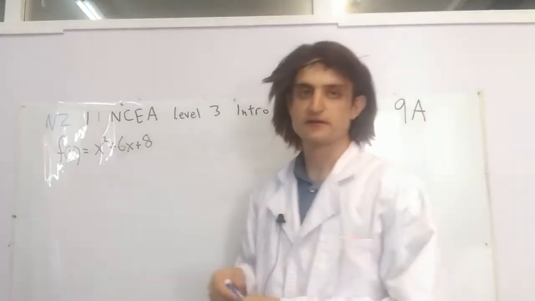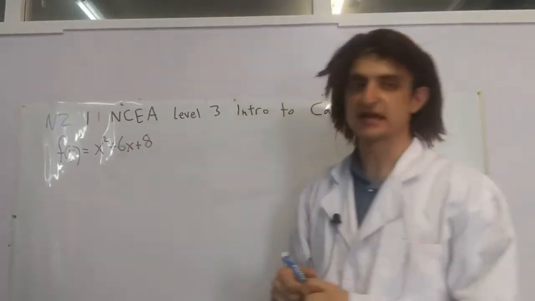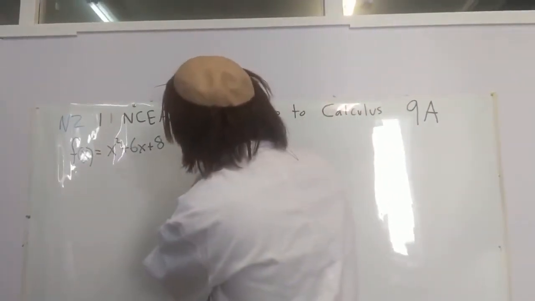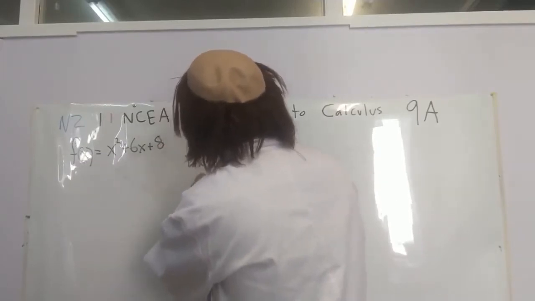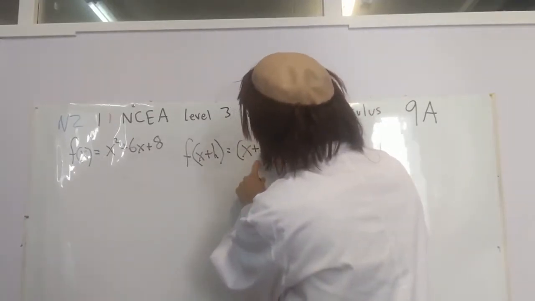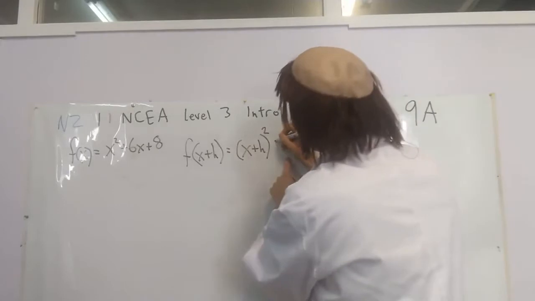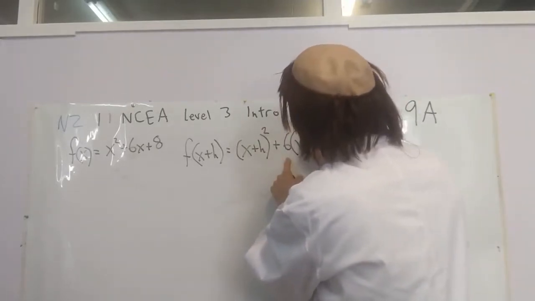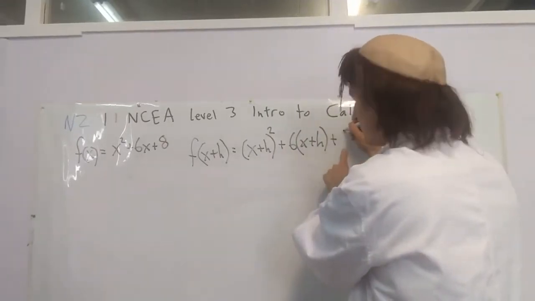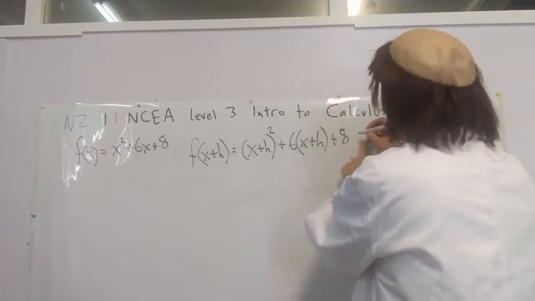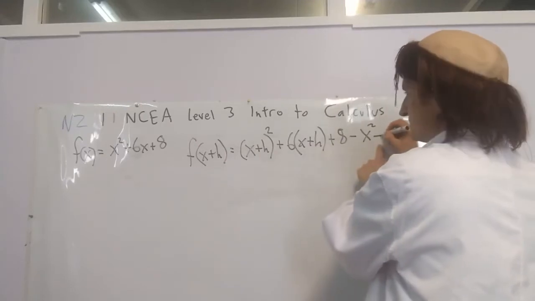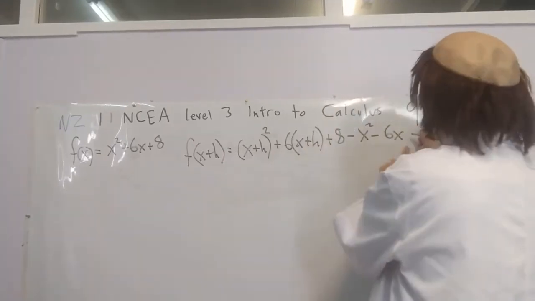Let's find the derivative of x squared plus 6x plus 8. f of x plus h equals x plus h squared plus 6x plus h plus 8, minus x squared, minus 6x, minus 8.